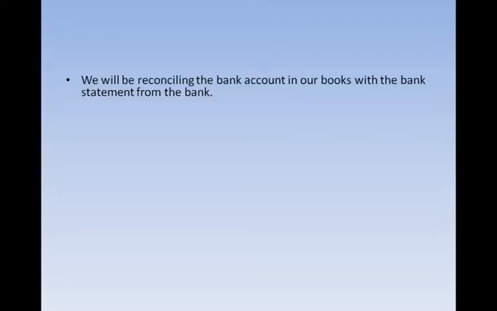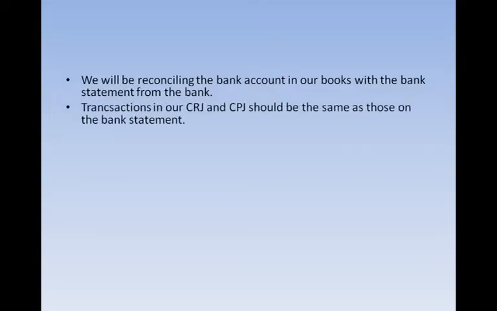Ideally, because the two record essentially the same transactions, they should agree. Transactions in our CRJ and CPJ should be the same as those on the bank statement, right? So all the transactions that are done in form of cash are either recorded in the cash receipts journal or cash payments journal.